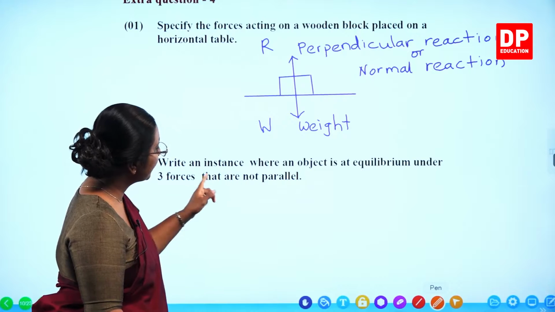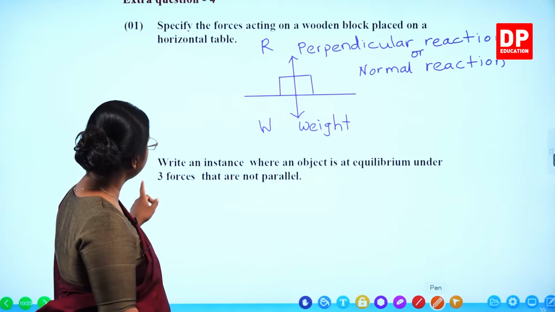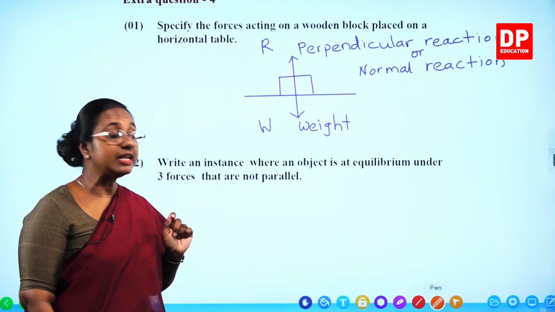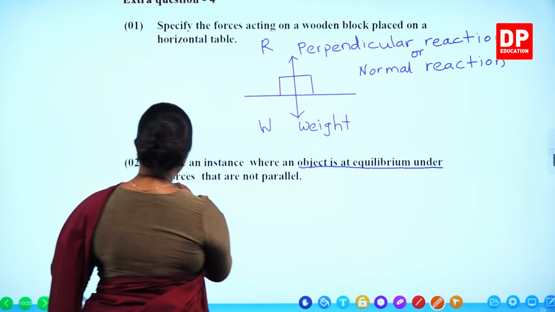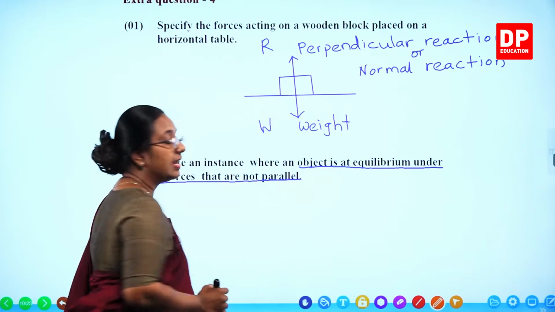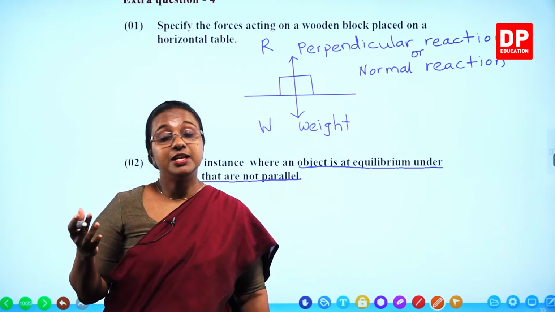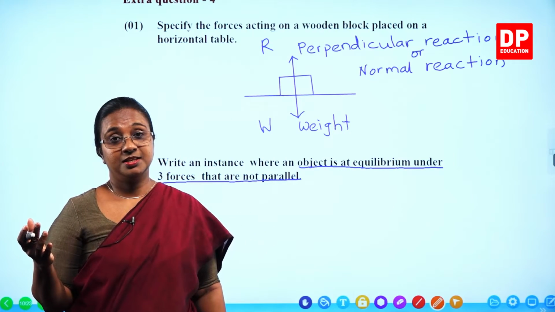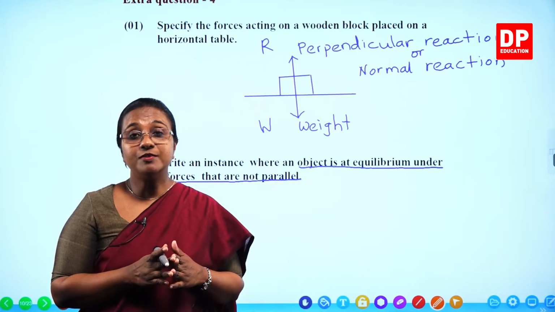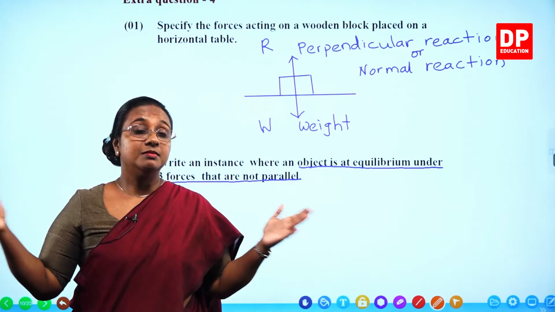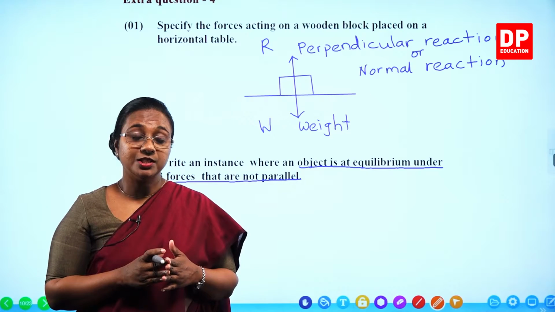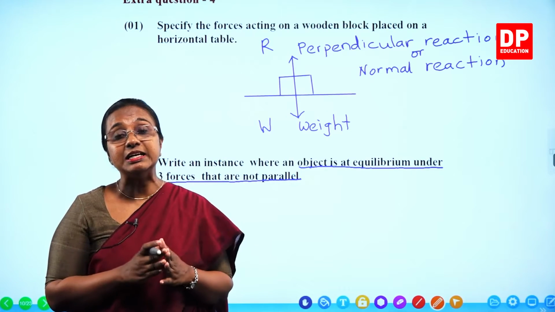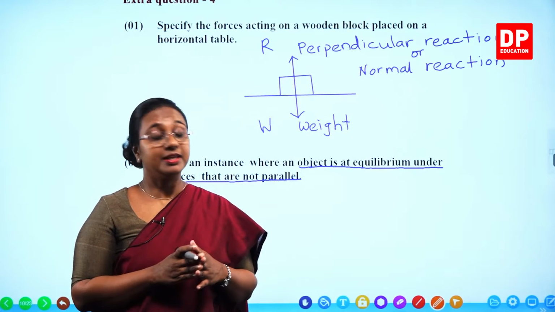Write an instance where an object is at equilibrium under three forces that are not parallel. Can you think of an instance? A picture hanging on the wall, maybe a periodic table hanging on the wall tied with a rope. So, any similar example can be given.